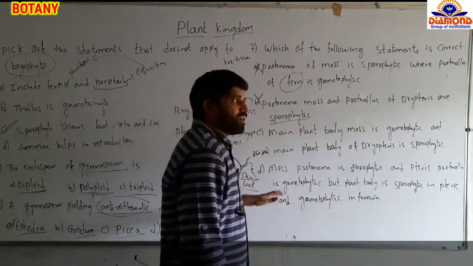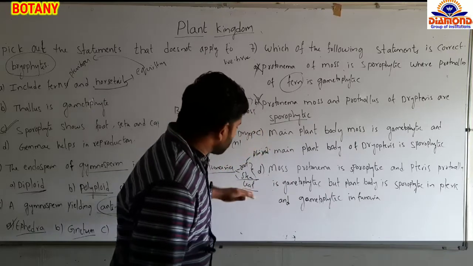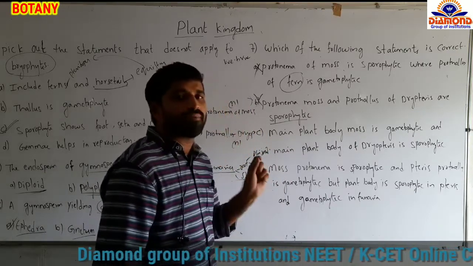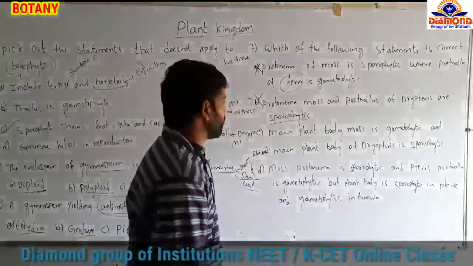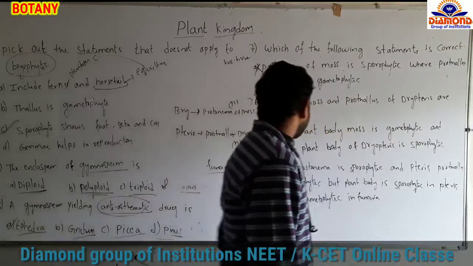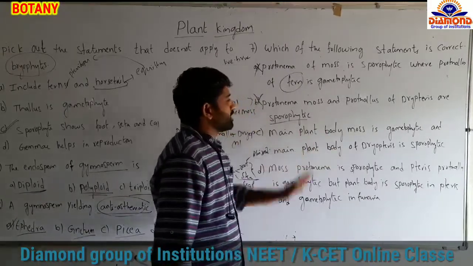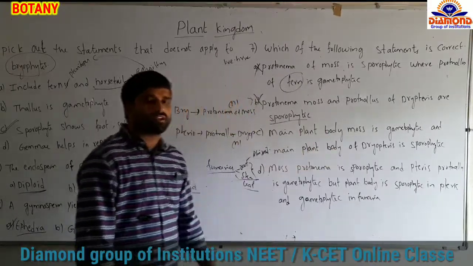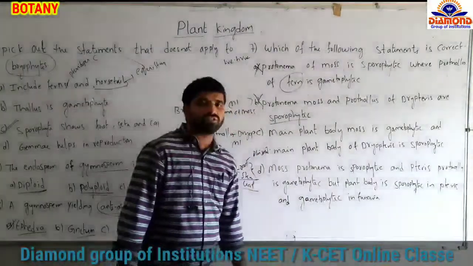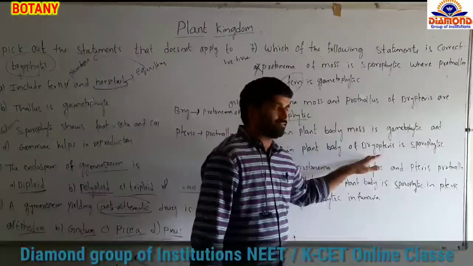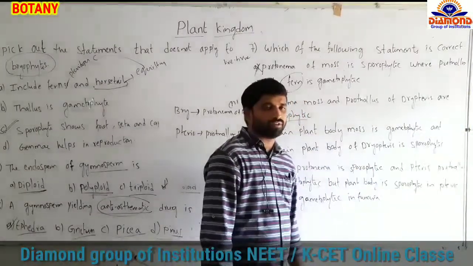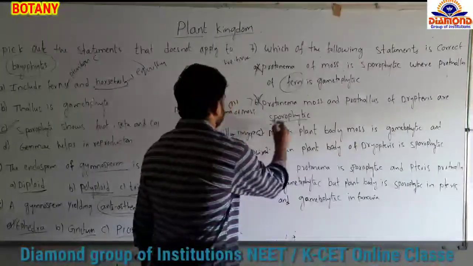The plant body of Funaria shows root-like, stem-like and leaf-like structures and belongs to the gametophyte body only, not the sporophyte body. The main plant body of moss is gametophyte, and the main plant body of Dryopteris is sporophyte. Dryopteris belongs to the pteridophytes, and the main plant body of pteridophytes is a sporophyte body only. So option C is correct.